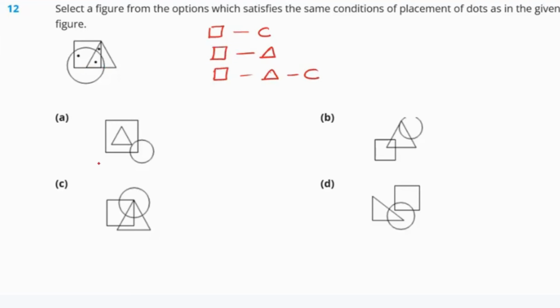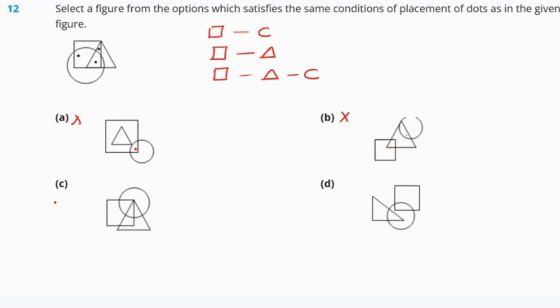If we go with option A, putting one dot over here covers the circle and the square. Putting one dot over here covers the triangle and the square. Correct, but no dot we can put because there is no portion common in all 3 figures. So option A is not possible. In option B, nothing is common between square, circle and square, so that is also not possible.